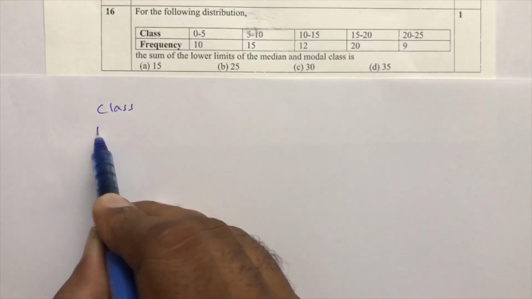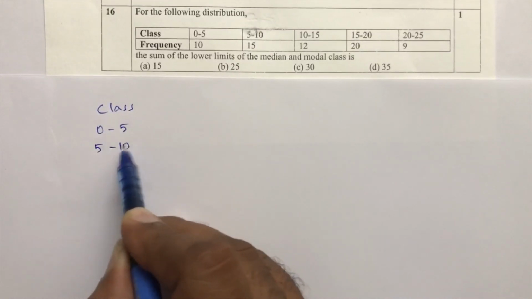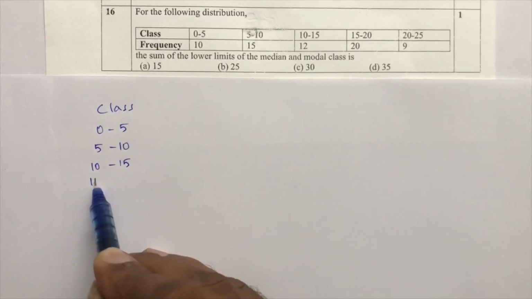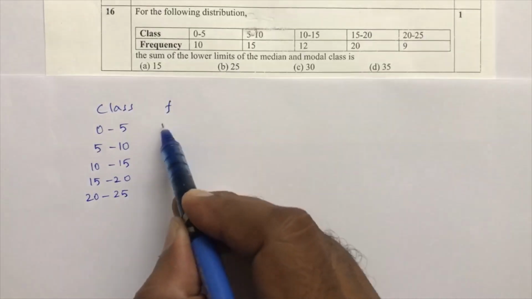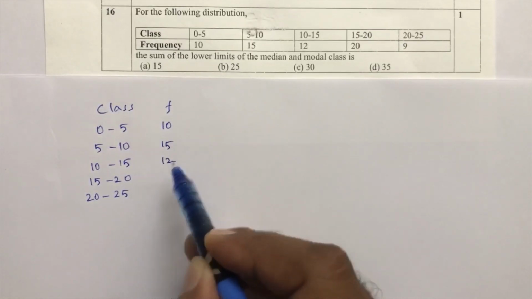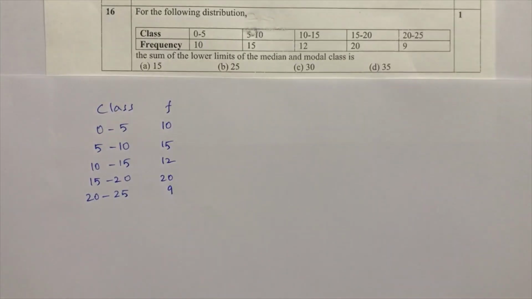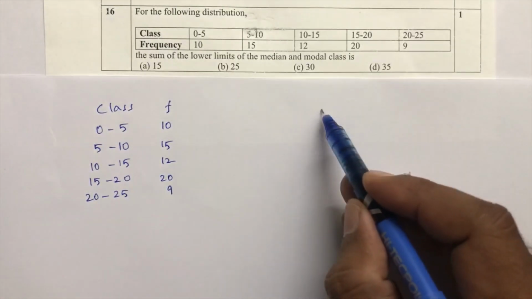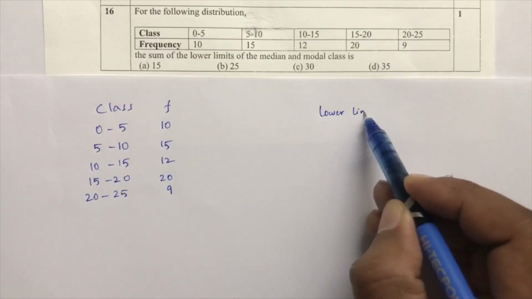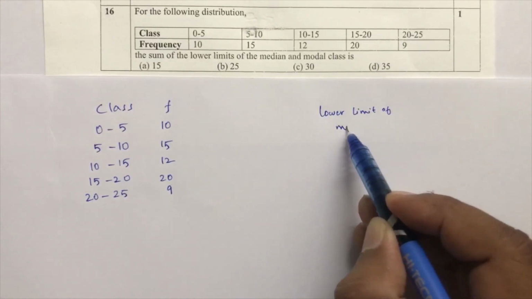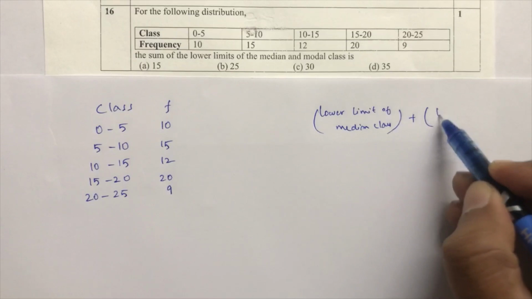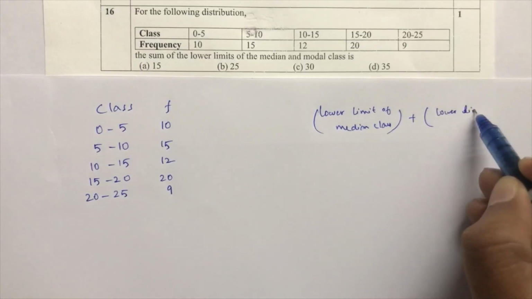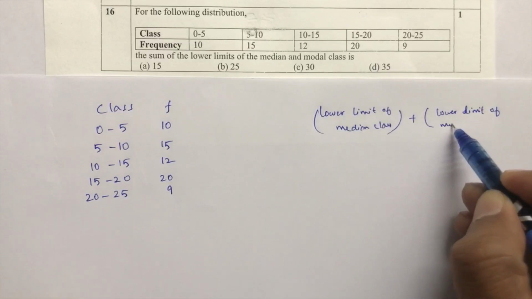For the following distribution, the classes are 0 to 5, 5 to 10, 10 to 15, 15 to 20, 20 to 25, and the frequencies are 10, 15, 12, 20, 9. The sum of the lower limit of the median class plus the lower limit of the modal class.